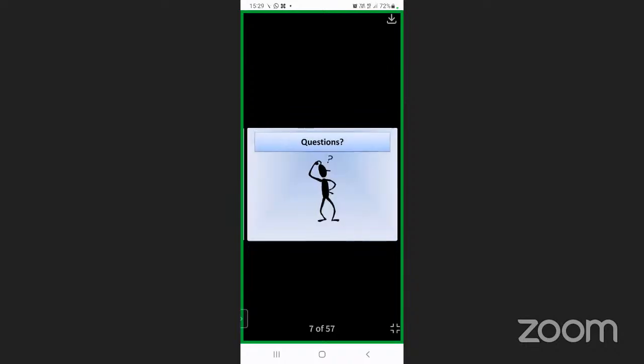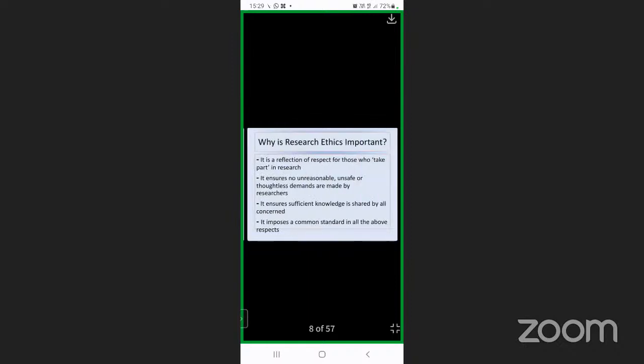Many times we find questions like, why is research ethics important? What is the need of research ethics in our day-to-day life? Research ethics is a reflection of respect for those who take part in research.